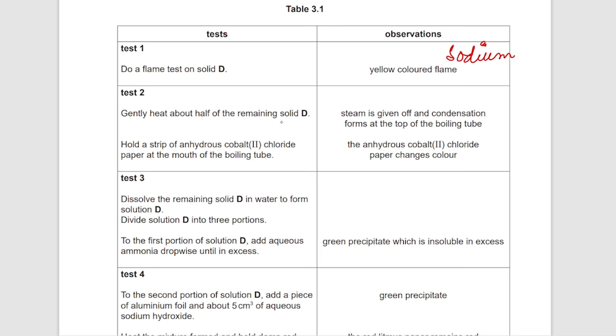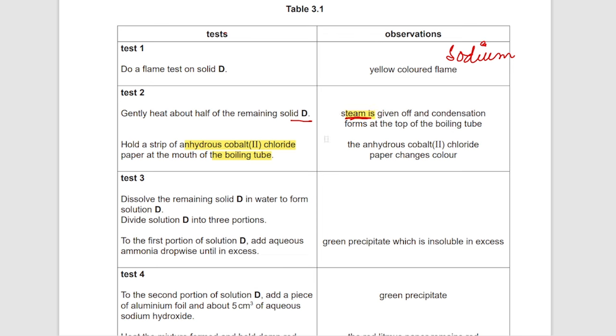Gently heat about half of the remaining solid. We are going to heat it. When we heat it, steam is given off and condensation forms at the top of the boiling tube. Hold a strip of anhydrous cobalt(II) chloride paper at the mouth of the boiling tube.